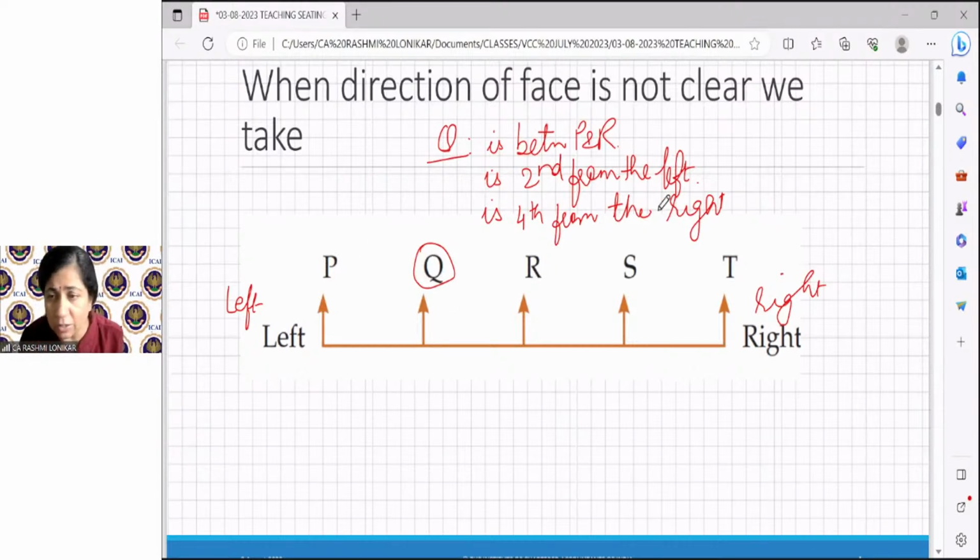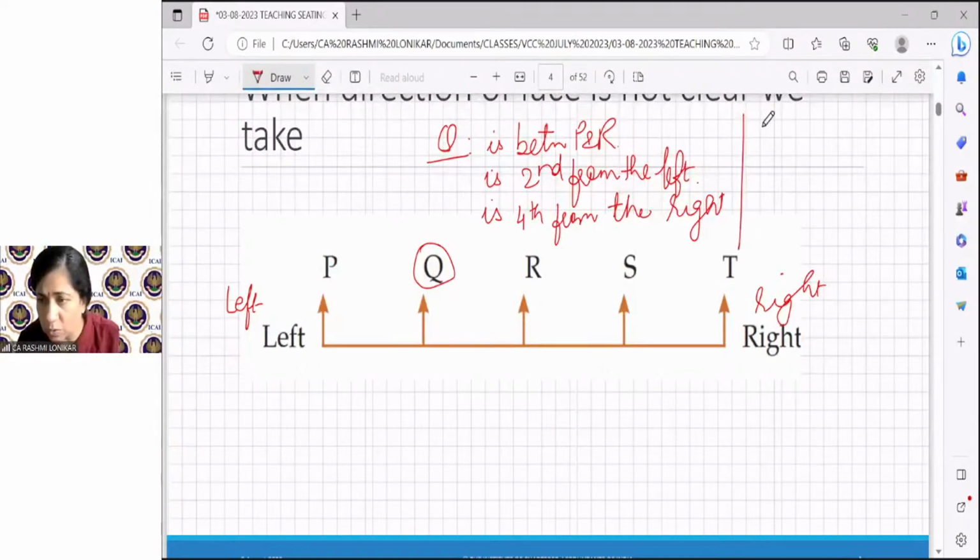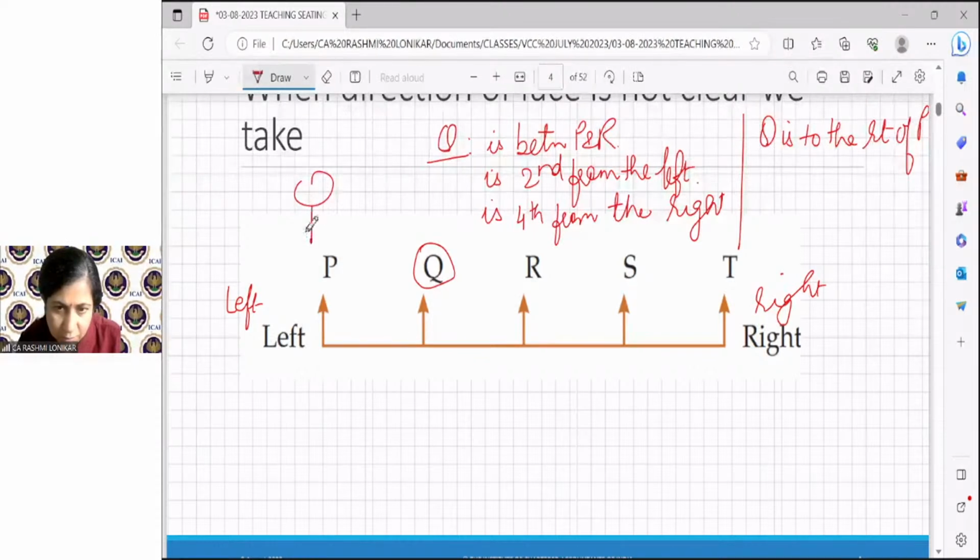Or you can even say Q is to the right of P. This is P, this is his left hand and this is his right hand.